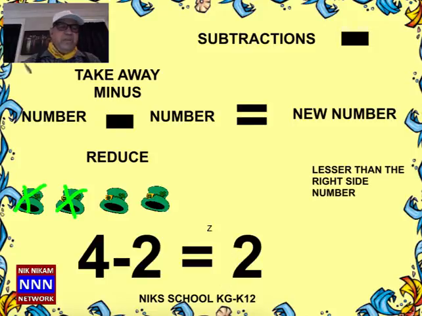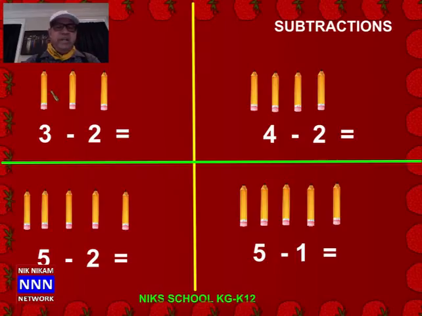So let's go to the next slide here. Okay, there is our next slide. So here are some examples where we have a number of items that are listed here in pencils, which are going to be on the left hand side, which is a minus sign, and next to the minus sign is the number of pencils that need to be taken away, subtracted, minused, or removed.